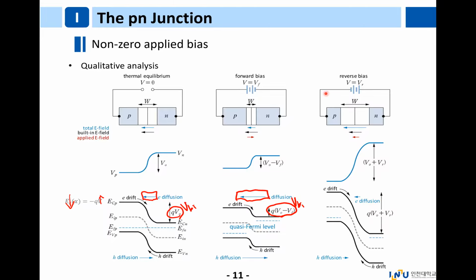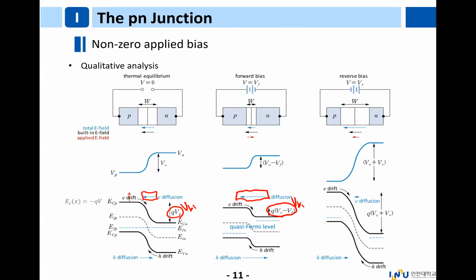When a negative voltage is applied to the p-type region, the band shifts upward compared to the equilibrium state. Also, entering a non-equilibrium state due to the applied voltage causes the Fermi energy to split into two quasi-Fermi levels.